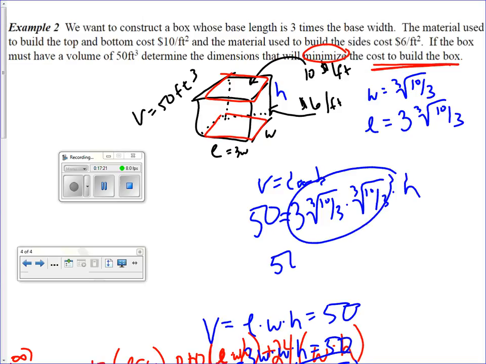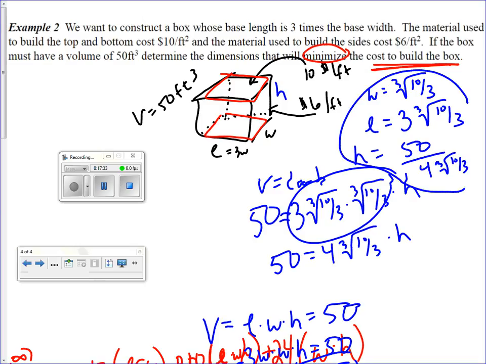There's 4 of those. So then h is, and I don't need to simplify, 50 over 4 times the cube root of 10/3. So there's the answer to my question. Those are the dimensions of the box that is the cheapest. That is going to be the end of these notes.